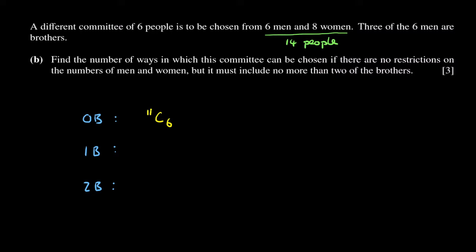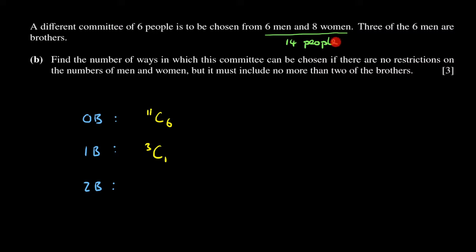Okay, well, now let's consider the other case. What I've got is 1 brother. Well, how many ways can I choose 1 brother out of 3 brothers? Well, there are 3 ways to do that, but if you want to write it more precisely, it's 3C1, right? Because there are 3 brothers, and I'm choosing 1 of those brothers. And then that means the remaining 5 people that I've got to choose for my committee have got to come from 11 people here, because I can't choose the brothers, right?